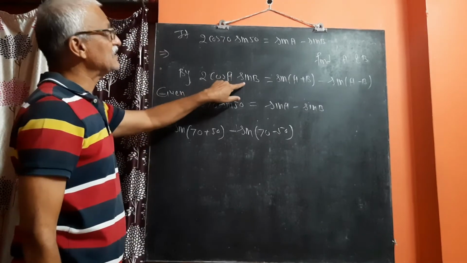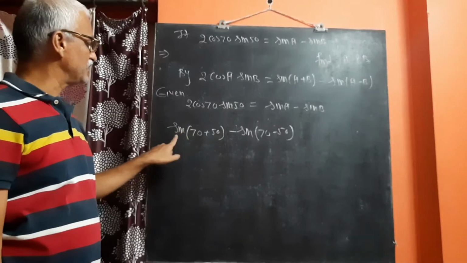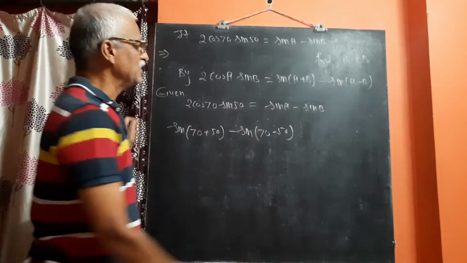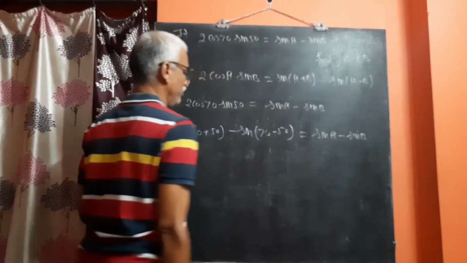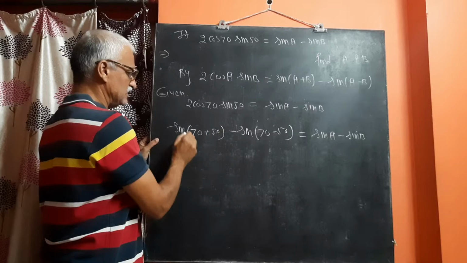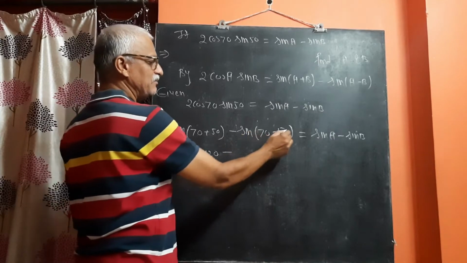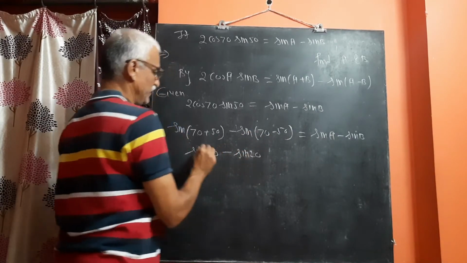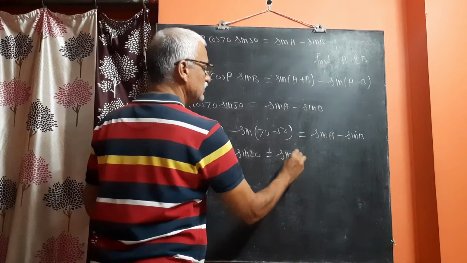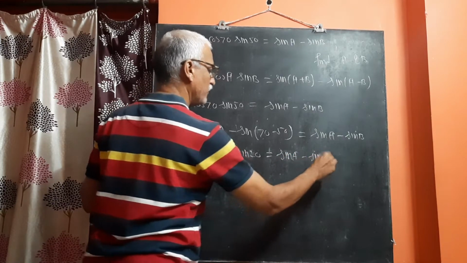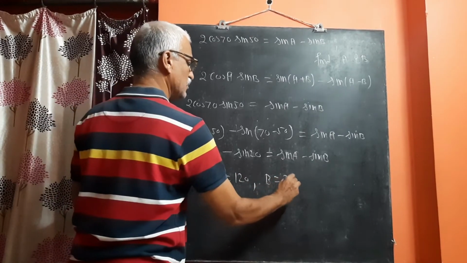So 2 cos 70 sin 50 is equal to sin A plus B minus sin A minus B, which is equal to sin A minus sin B. Sin 70 plus 50 will be sin 120 minus sin 70 minus 50, that will be sin 20. 70 plus 50 equals 120, 70 minus 50 equals 20, so sin 120 minus sin 20 is equal to sin A minus sin B. And therefore the value of A is equal to 120 and B is equal to 20.